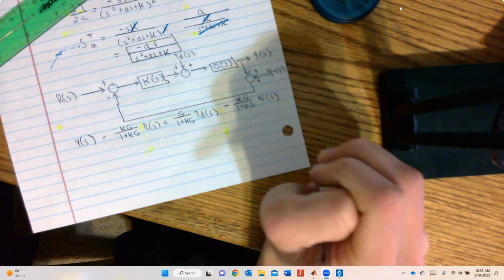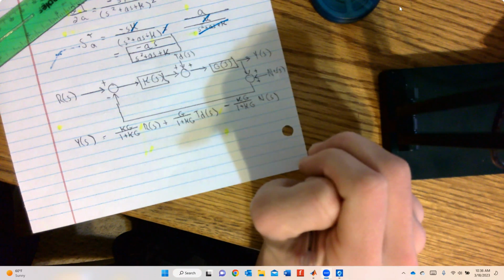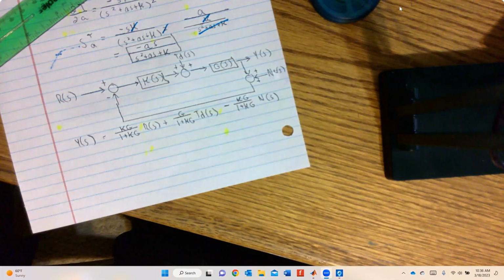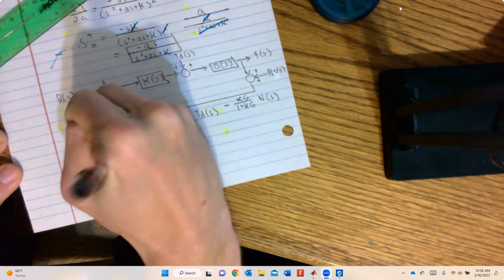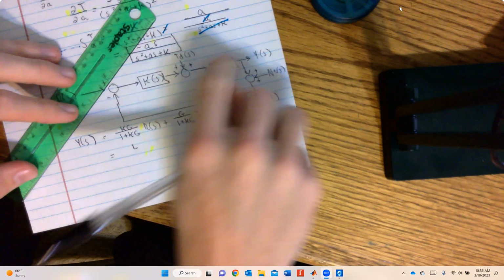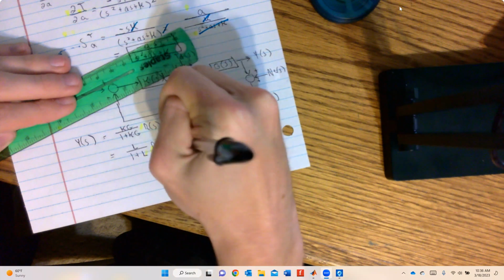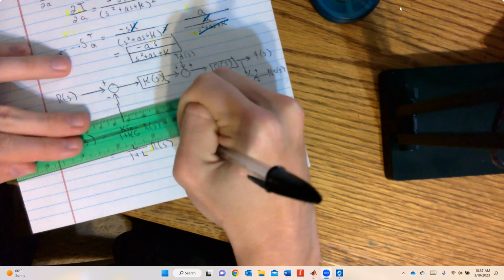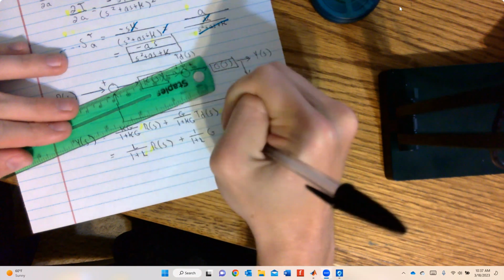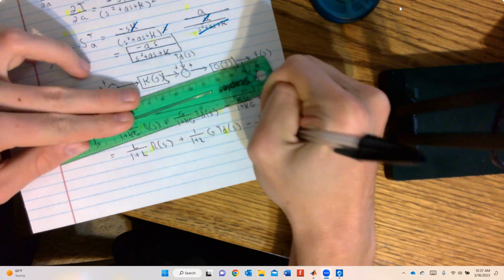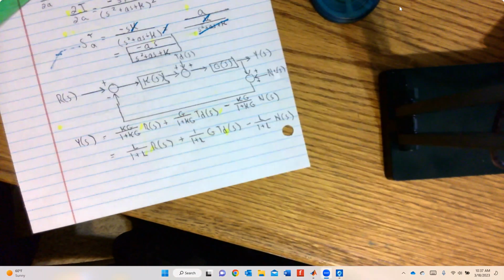And so now that we have that, if we're to solve this specifically, our y of s is equal to, this is our open loop system, k times g, so I'll say L over 1 plus L times R of s, plus 1 over 1 plus L times G. So I just moved the G over to the right, TD of s, minus L over 1 plus L, and then N of s. Okay, so that's what I have so far.